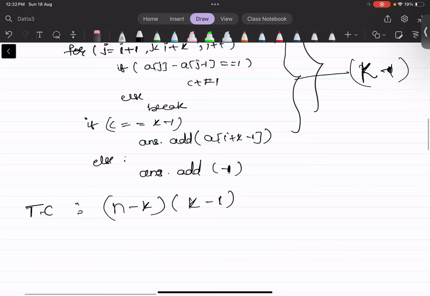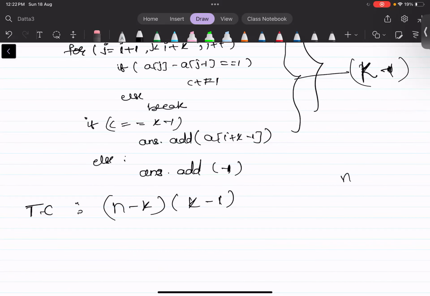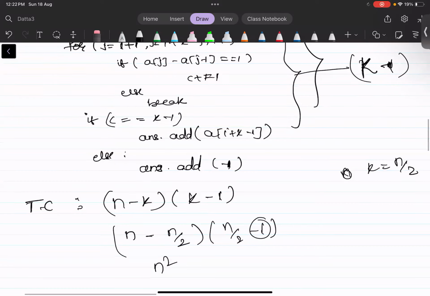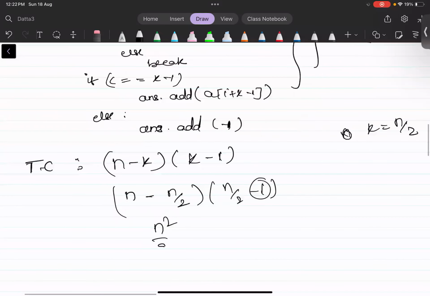So if my k is given as n by 2, then n minus n by 2 into n by 2 minus 1. Now, if you remove this 1, then this can be n square by 2 minus n square by 4.